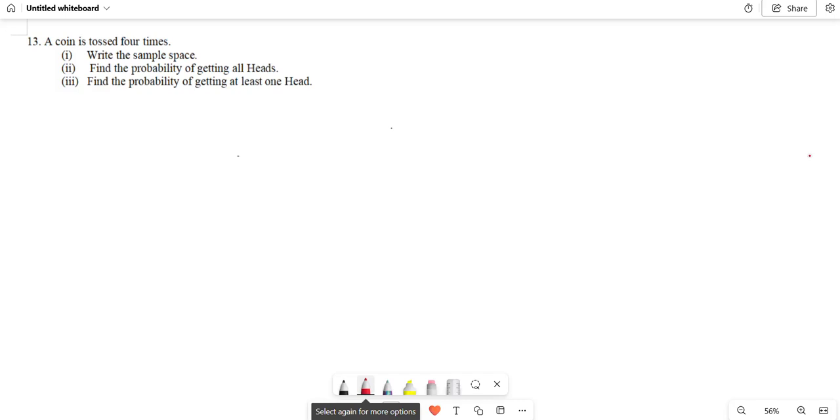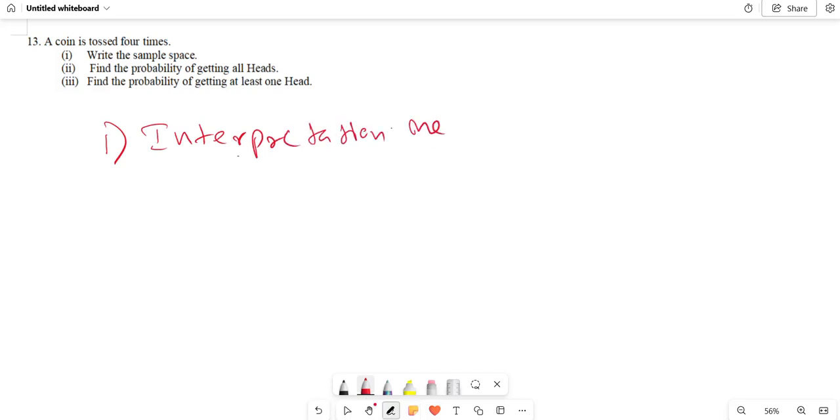There are two methods to solve this question. I will mention the names for them. The first is the interpretation method. That means we can use any kind of interpretation or basic visualization method. Normally we can use a tree diagram, or without the tree diagram we can use logic and get the answer.